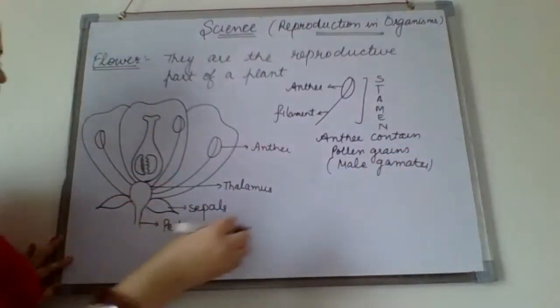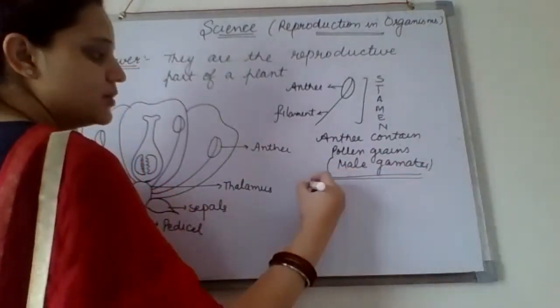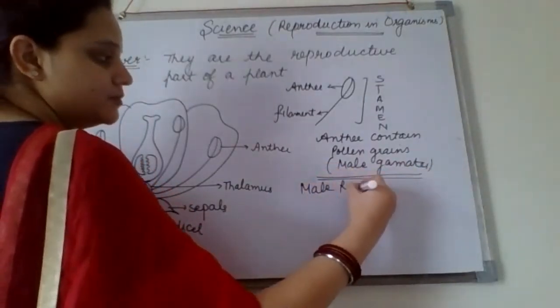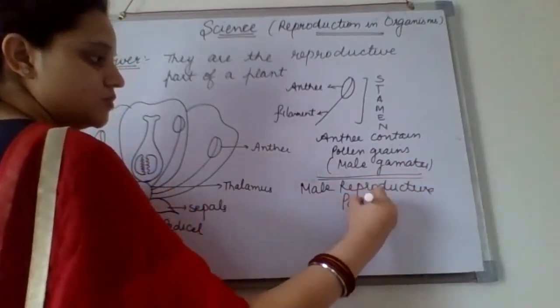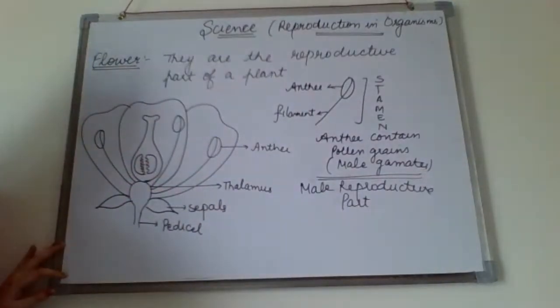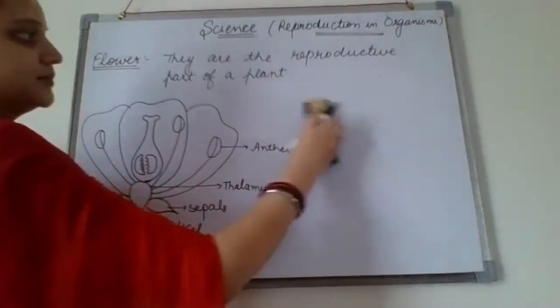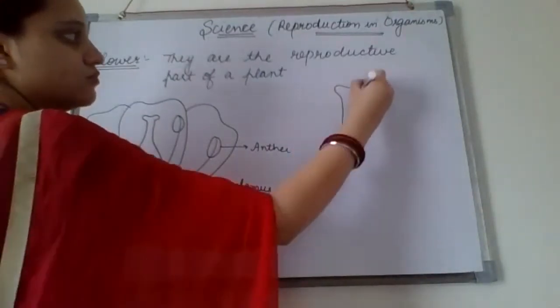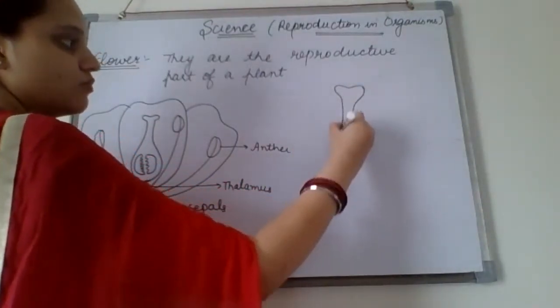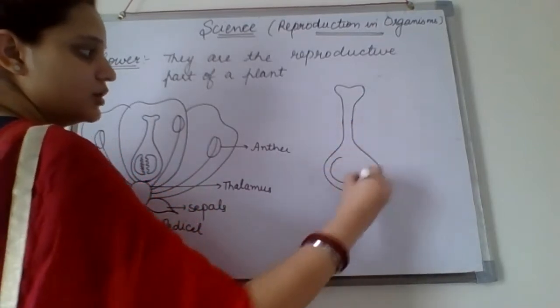Okay, so in the same way, if we talk about the female reproductive part, right? So this is the male reproductive part. And similarly, the female reproductive part is pistil. So this I have drawn here, pistil.